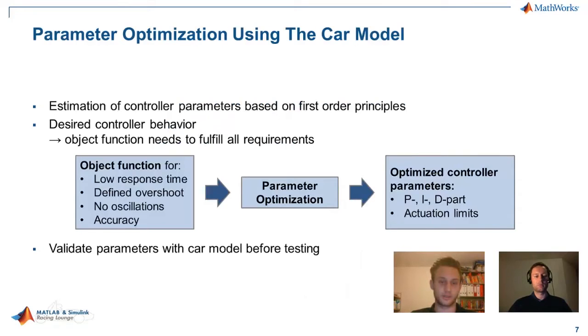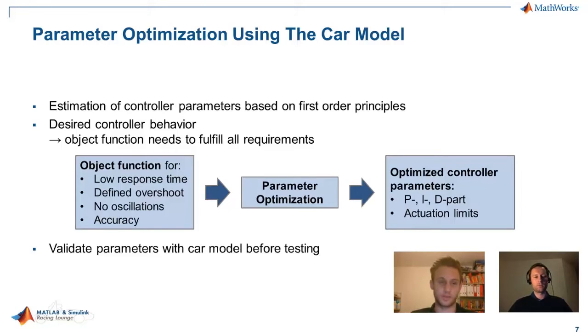Okay, perfect. First, you make a rough estimation of the controller parameters based on the physical behavior of the car, like how much yaw moment you will need to achieve a specific yaw rate, and for that you set the first rough parameters. The next step is to optimize these parameters, because the very rough parameters will not work very well in the real car.